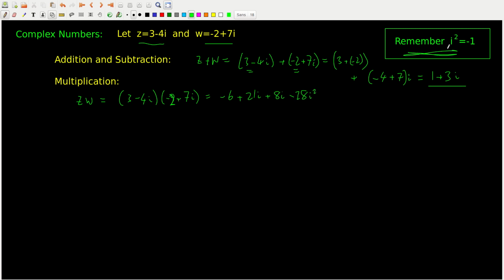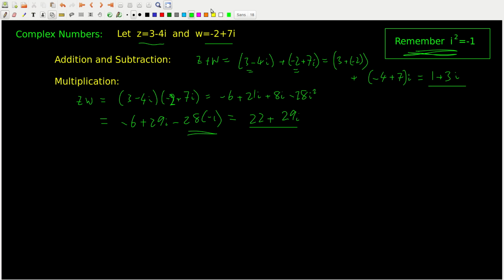And remember, our fundamental property of complex numbers is that i squared is minus 1. So this is minus 6. We're going to have 21 plus 8, that's 29i, and then we're going to be having minus 28 times minus 1, because i squared is minus 1. So this is plus 28, I'm subtracting 6, so overall this is 22 plus 29i, because this turns back into a real number, and then I combine it with the negative 6.